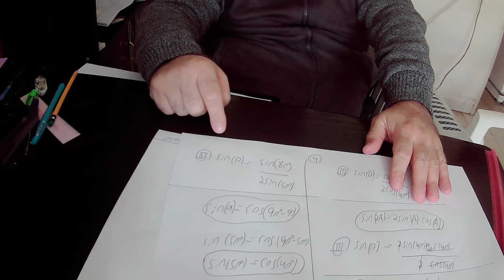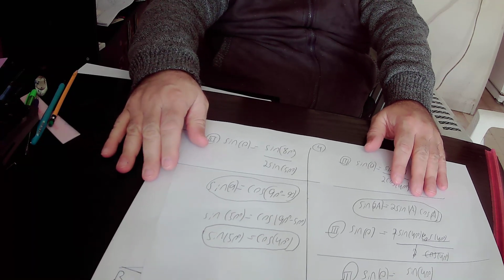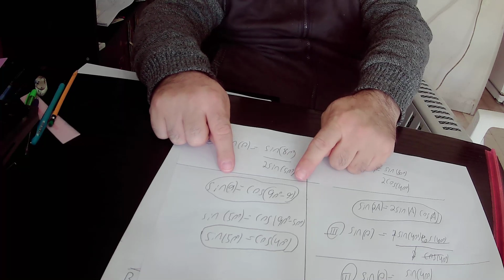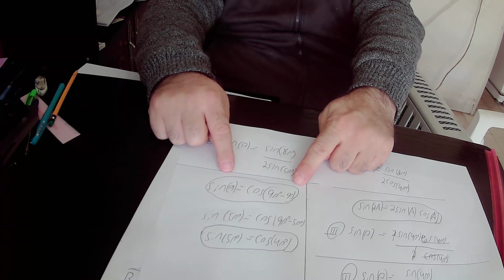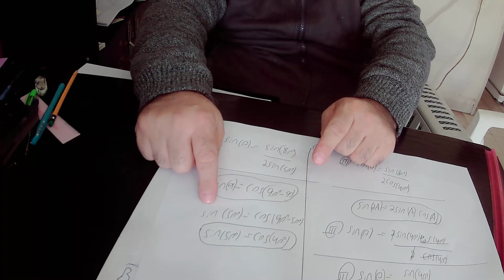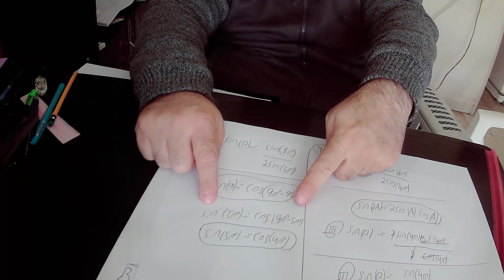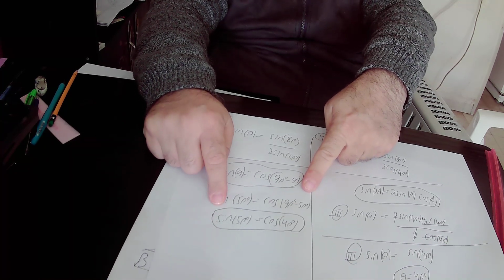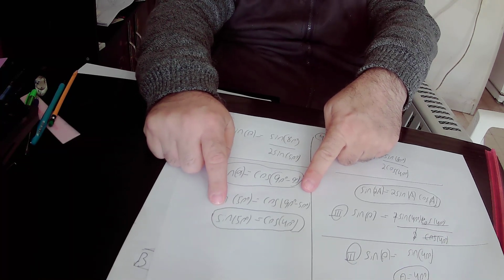Then we have the trigonometric identity that states that sine alpha equals cosine(90 degrees minus alpha). So according to this identity, we will get that sine 50 degrees equals cosine(90 degrees minus 50 degrees). That is to say, sine 50 degrees equals cosine 40 degrees, because 90 degrees minus 50 degrees is 40 degrees.